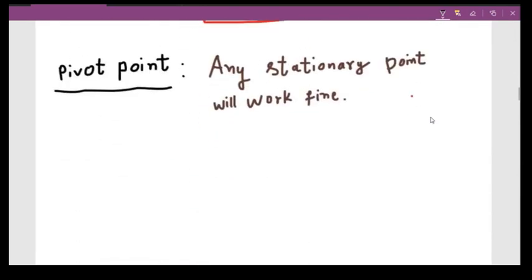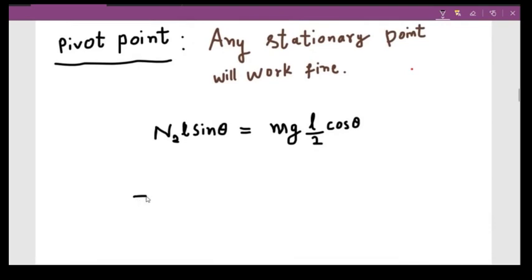So I'm writing again: N2 times length L times sine of theta equals mg times length L by 2 times cosine of theta. So we have balanced our torques also.